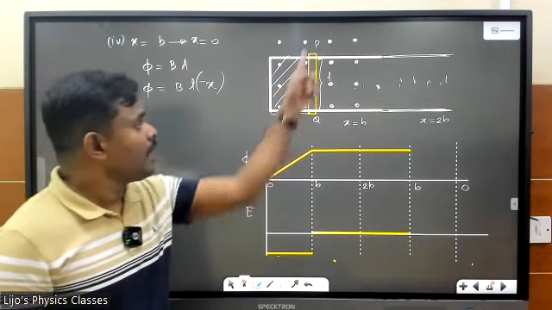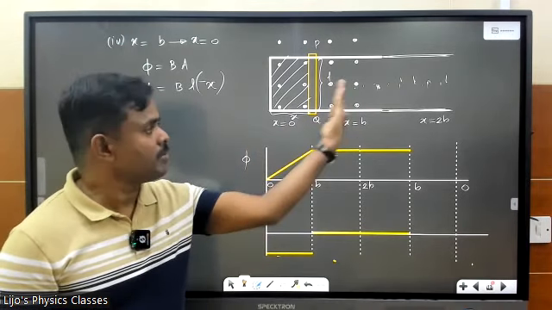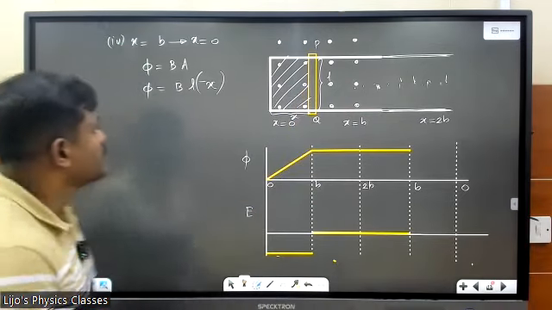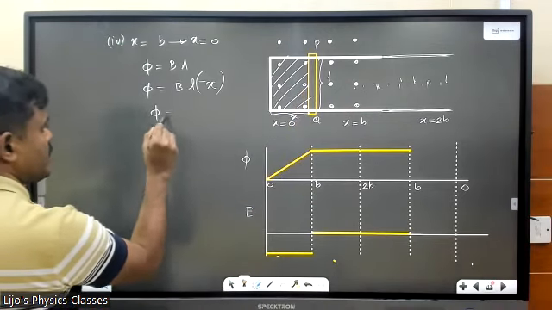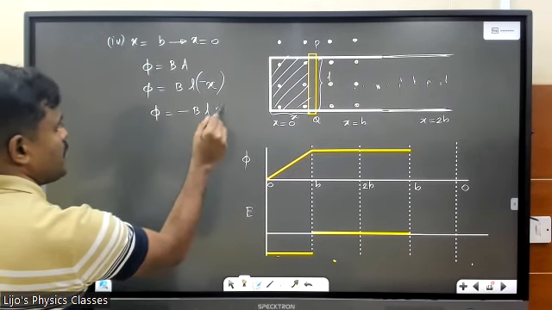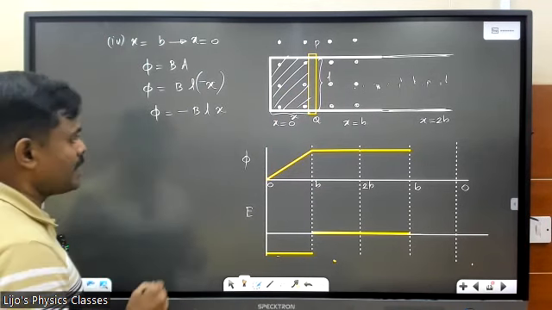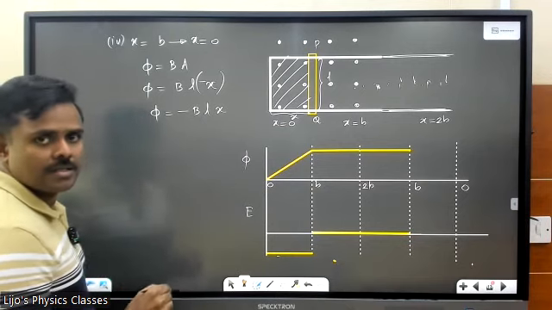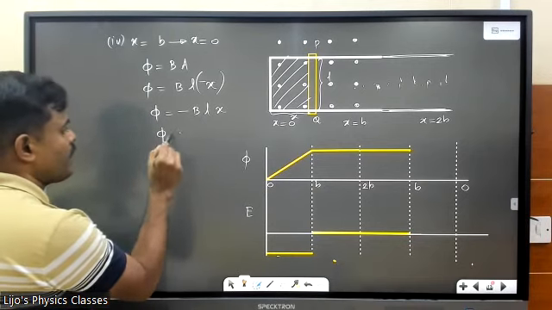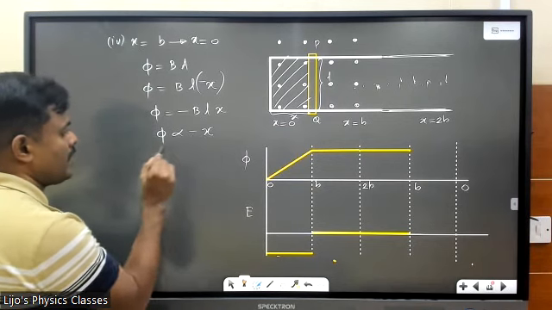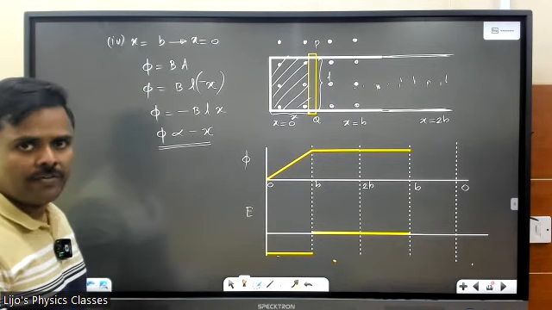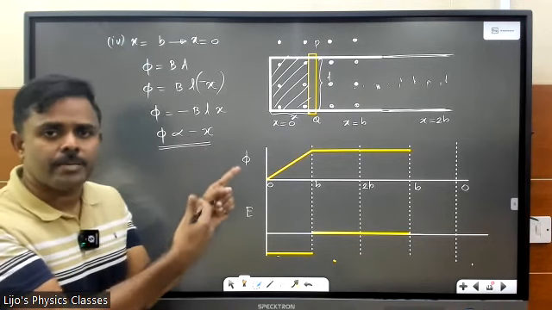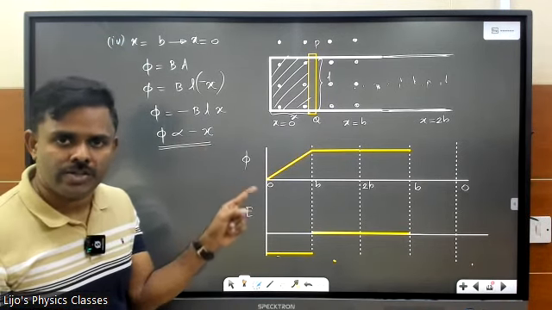Actually, area is length into breadth, but since you're moving backward to the left, you have to put a negative sign. So you're getting phi equal to minus BLX. As I have already stated, B is a constant, L is a constant. So I can say phi is proportional to negative of X. Since it is direct proportionality, the graph is again a straight line.